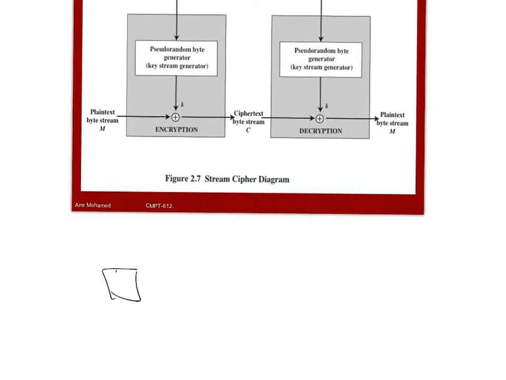a transmitter, and this is a receiver. If that transmitter uses a stream cipher for a stream of bits, this stream cipher will produce an encrypted stream of any arbitrary size.